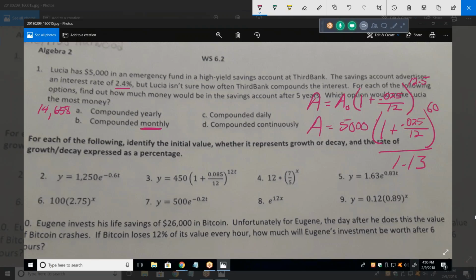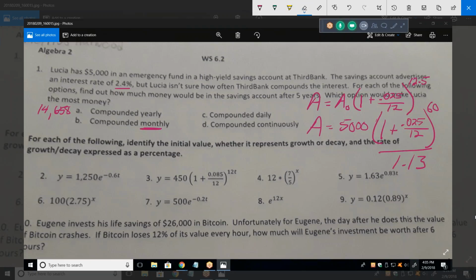If I multiply that by 5,000, I get 5,657, not 14,000. Not sure where you got that answer.